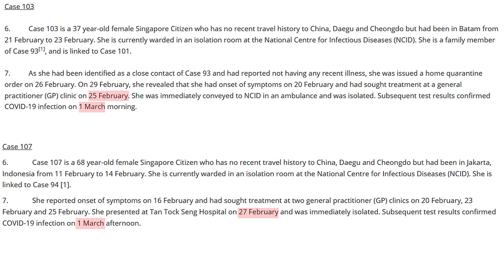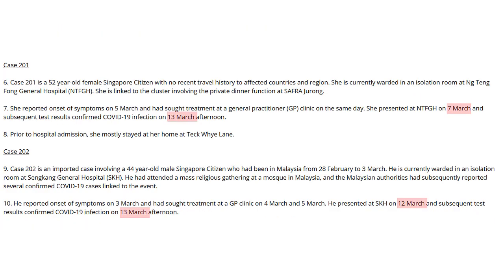But for case 107, it took only 3 days. There are also other cases whereby for case 201, it takes 6 days for the result to be confirmed, while the next case, 202, it only takes 1 day.